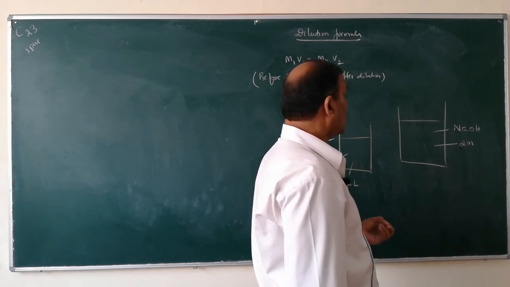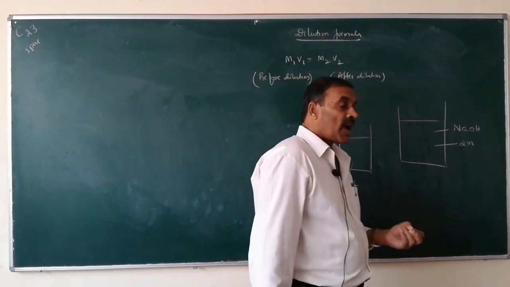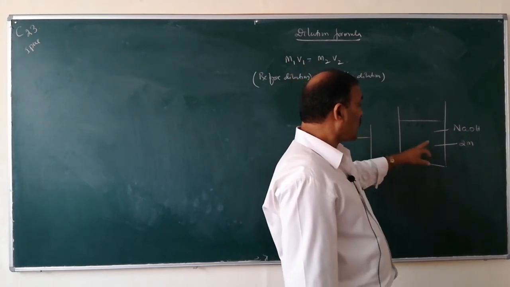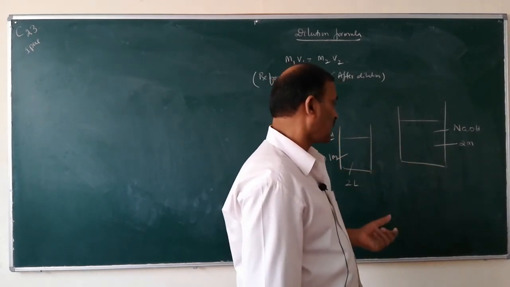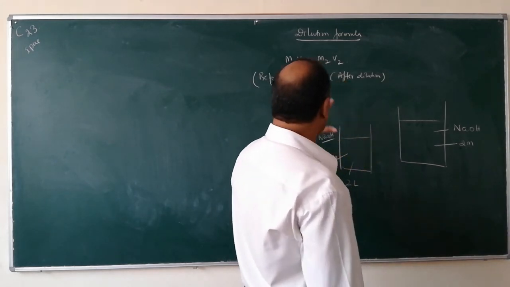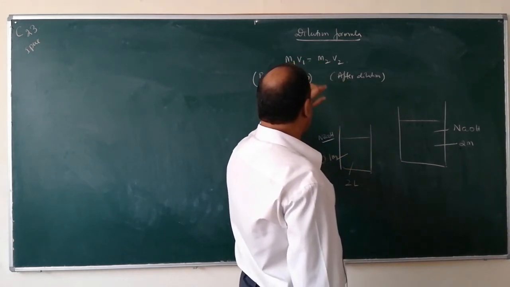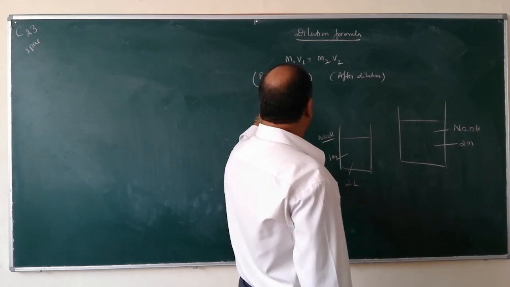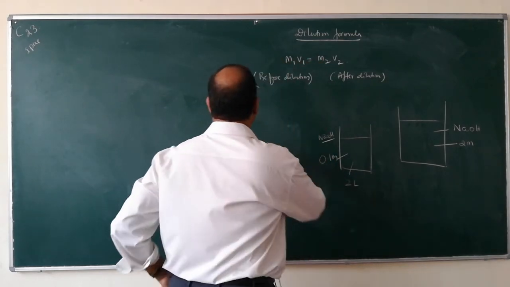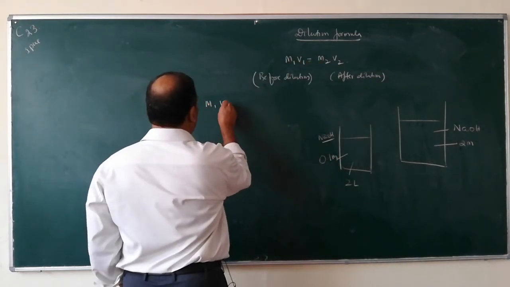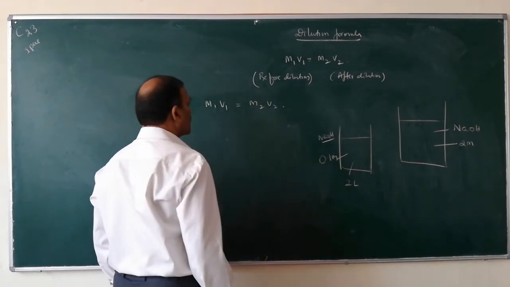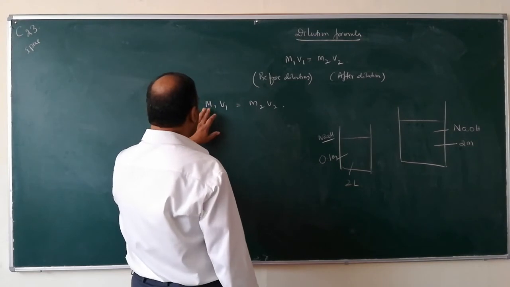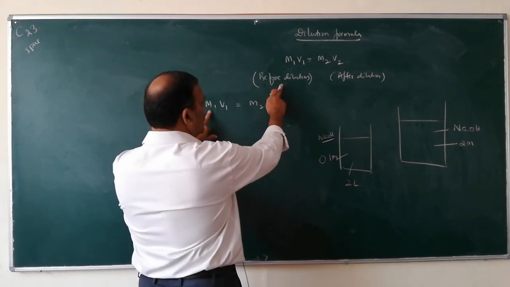So then I have to calculate how much volume of the solution is diluted with water. For that we have to use this formula: M1 V1 is equal to M2 V2. Before dilution, what is the molarity of this solution?